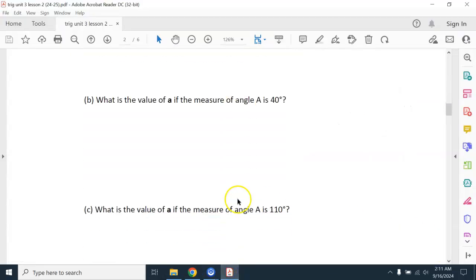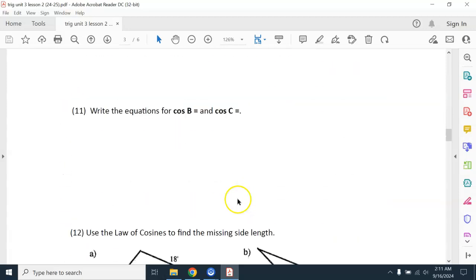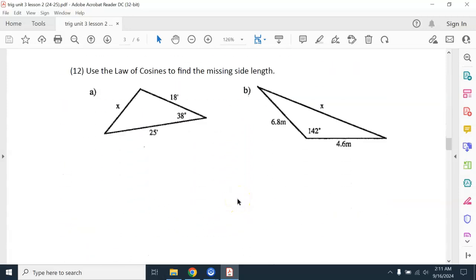If you jump down to problem number 12, there are 2 law of cosines problems where you're being asked to find the missing sides. So please set up both problems. We're not using A, B, or C here, so I'll be using X, Y, and Z. But keep in mind that for the law of cosines, the equation itself always ends with the side that's opposite the angle that's given.